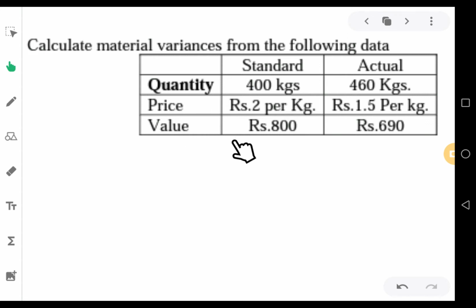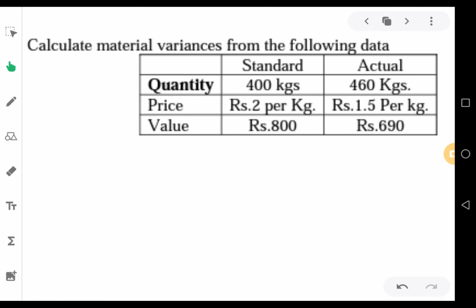And the last column given is value, that is a standard value 800 and actual value 690. Value is nothing but the total cost of materials, that is standard quantity into standard price and actual quantity into actual price. So that's the value. They have given it in the question itself, so you need not worry about that.